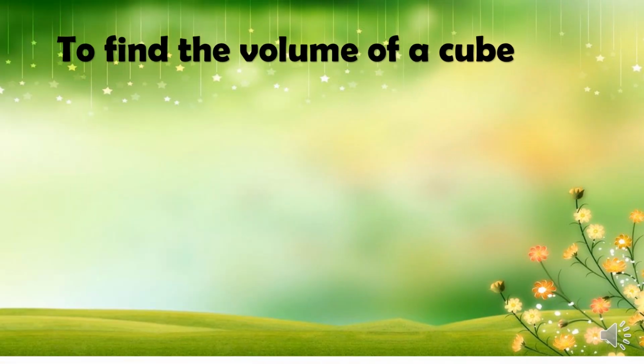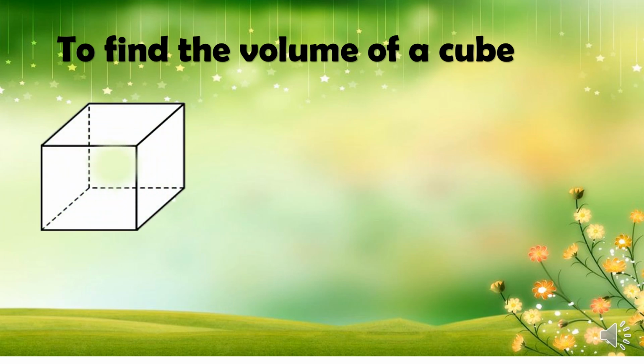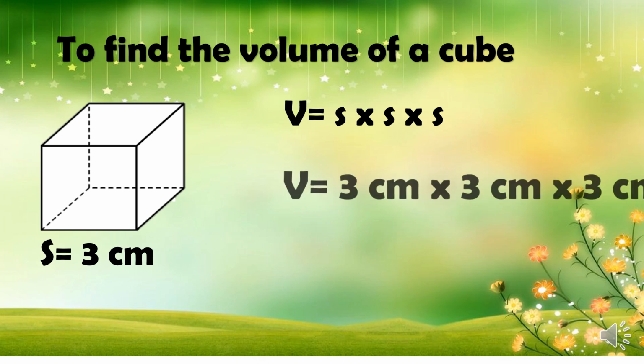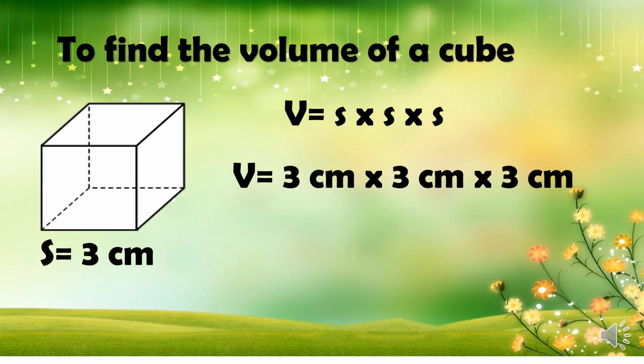And to find the volume of a cube, let us take this example. So the side of this cube is 3 centimeters. So the formula that we're going to use is V equals S times S times S. So when we substitute, V equals 3 centimeters times 3 centimeters times 3 centimeters.